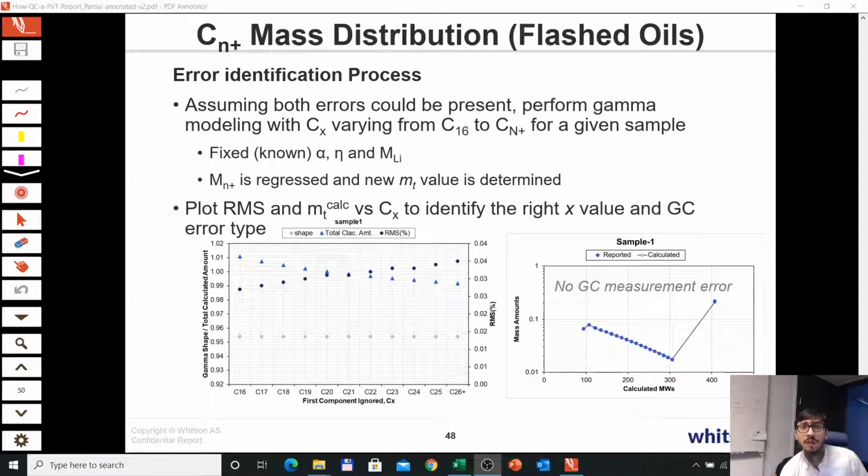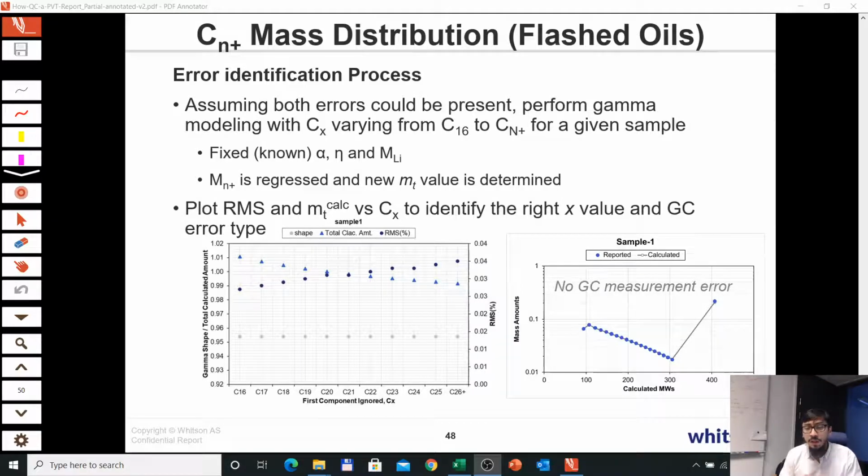But still, it's good practice to ask the lab what internal standard is used, and whether they have used any internal standard in the gas chromatography measurement. Even if the lab has used an internal standard, it doesn't mean there is no internal standard error, because using an internal standard in a PVT lab requires very diligent handling.